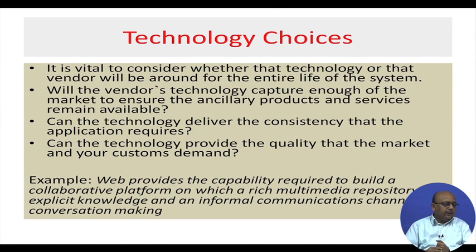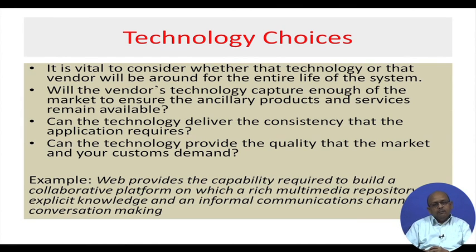Then another important thing is what kind of technology choices you have. When I am talking about technology choices, it is very important to understand that the technology is basically the lifeline of the system, okay. And then you need to ensure whether you are going to buy in or whether to create the system that is going to be useful and effective, okay.